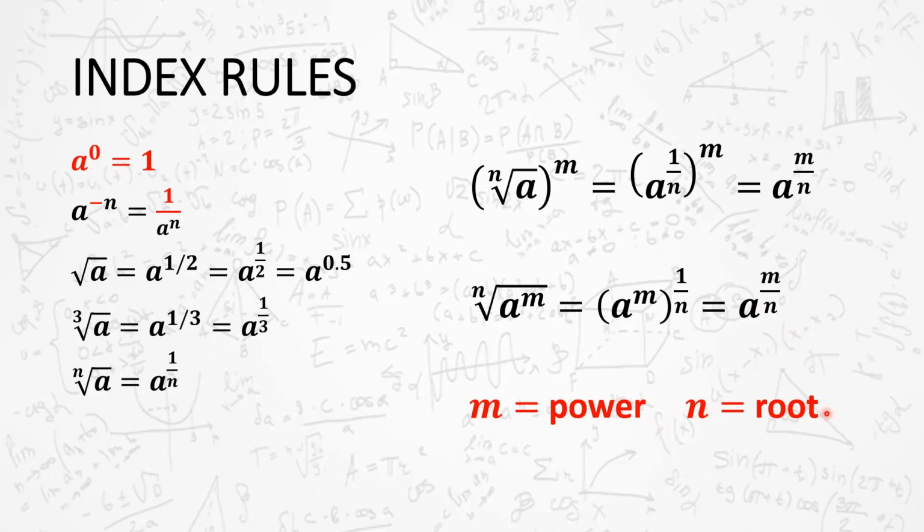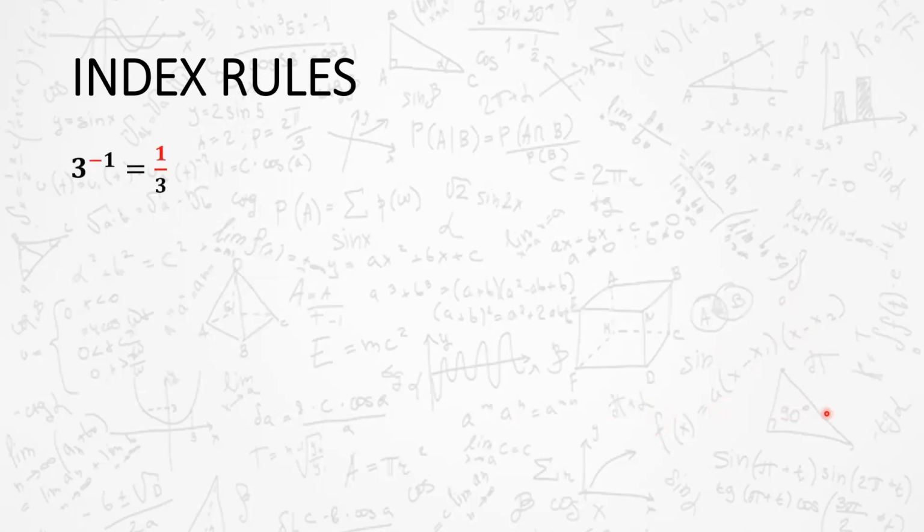Let's look at some examples. 3 to the power negative 1. Get rid of the negative sign by using 1 over, then you have 3 to the power 1. So my final answer is 3 to the power negative 1 equals 1 over 3.